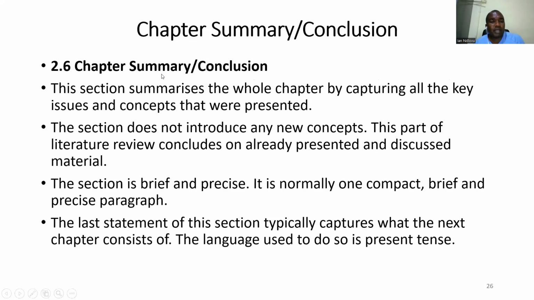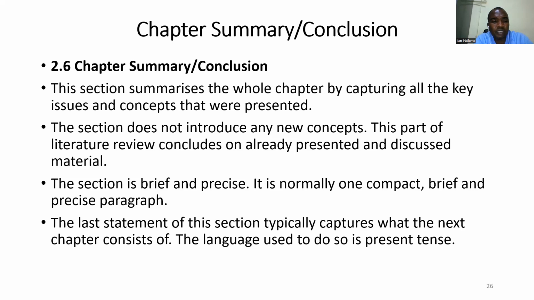So the last part of your literature review chapter, ladies and gentlemen, where I am going to conclude for tonight, is the chapter summary or conclusion. This section summarizes the whole chapter, mentioning all the key issues that would have been discussed. But the section does not introduce any new concepts or rediscuss issues that have been tackled under literature review proper.